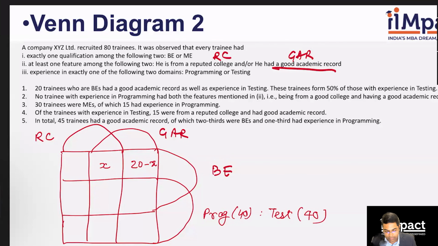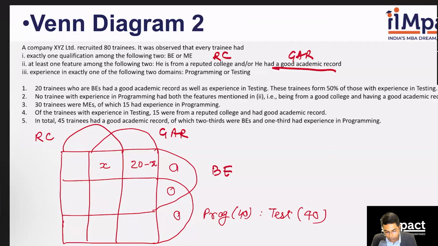Guys, before moving forward, is there anything else from this part itself which I can fill in my Venn diagram? Zeros, absolutely. Guys, point number 2 tells me that a person will have at least one from RC or GAR. So anything which is outside RC and GAR will be 0. Okay? Very simple, very straightforward.